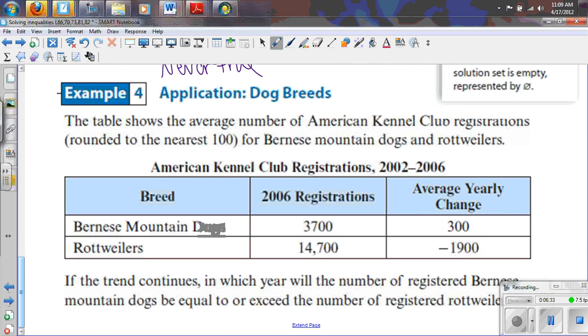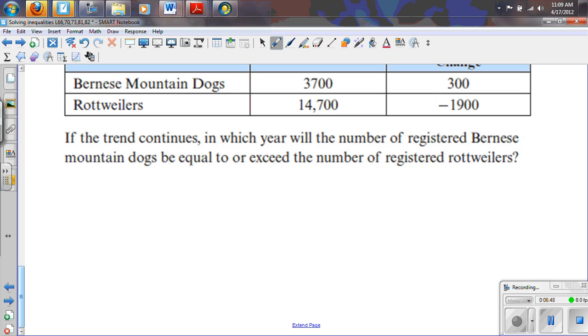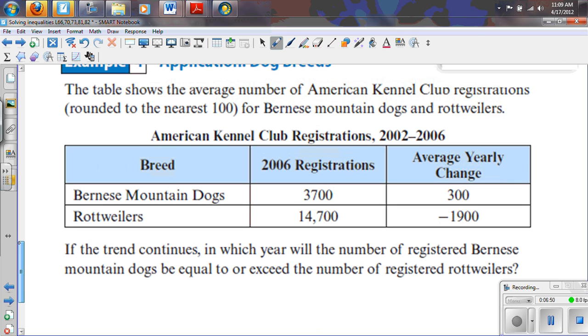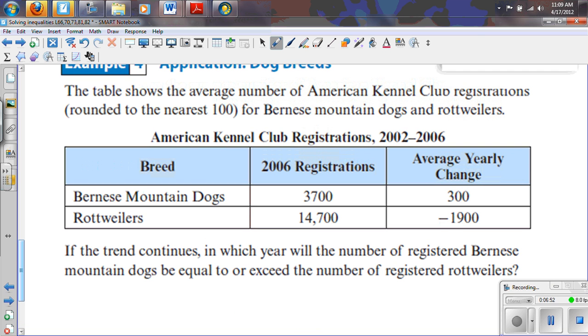Application problem. The table shows the average number of American Kennel Club registrations rounded to the nearest 100 for Burmese Mountain Dogs and Rottweilers. So we have this problem here, and this is about these different kinds of dogs, and gives a registration in 2006 and the average yearly change.